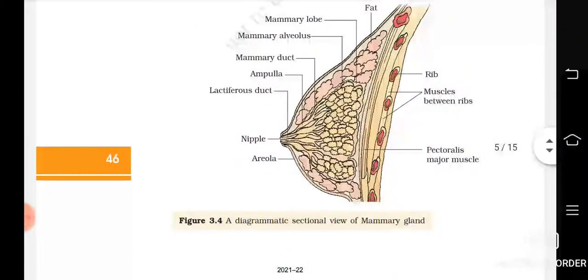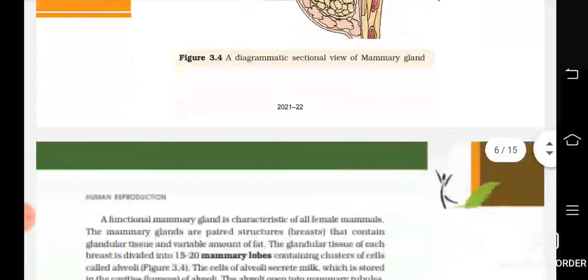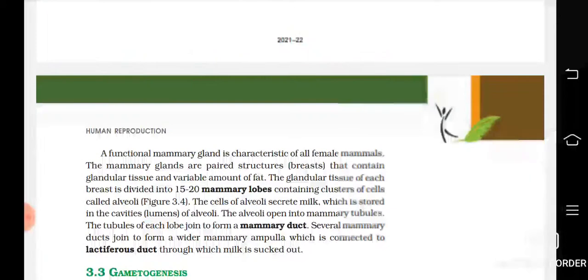Then I told you about the mammary glands. They are paired and contain glandular tissue and fat. The glandular tissue is divided into a number of lobes, and in each lobe there are clusters of cells known as alveoli, and these cells of alveoli secrete the milk.